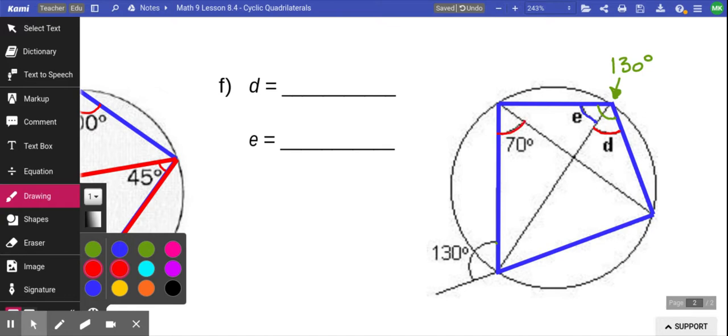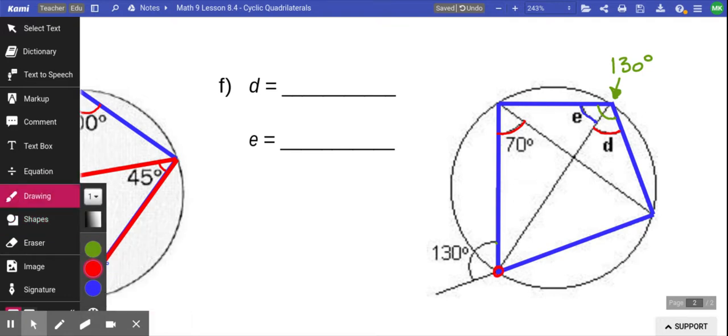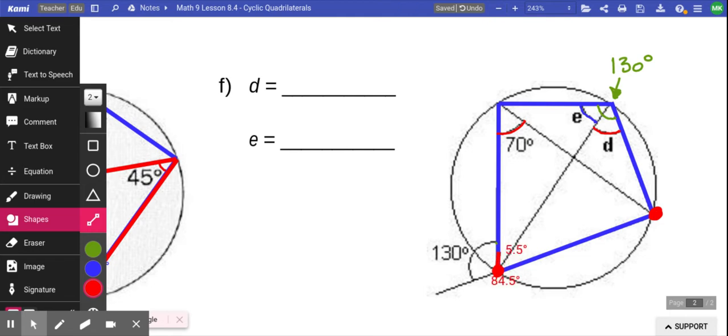That 70 degrees is an inscribed angle, meaning that if I went from this point over here to this point over here, I could do that by going up to that spot and then down to that spot. And that creates 70 degrees. And we know from, I believe it was last lesson, 8.3, that all inscribed angles that get you from one point to the same point are equal.